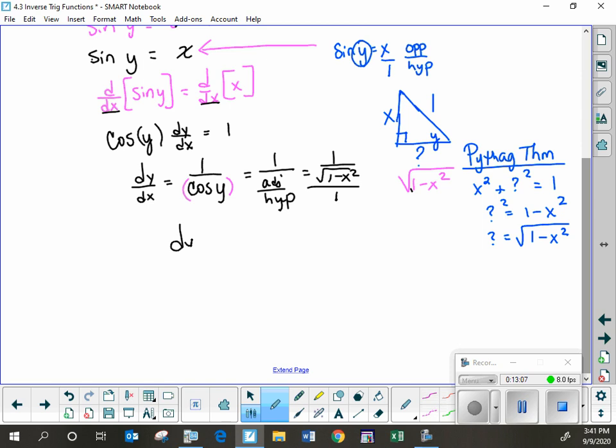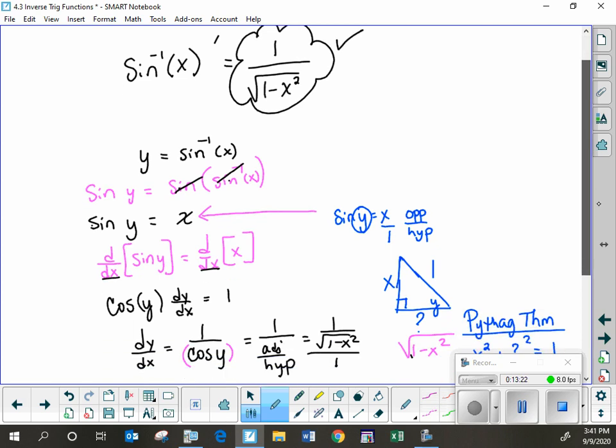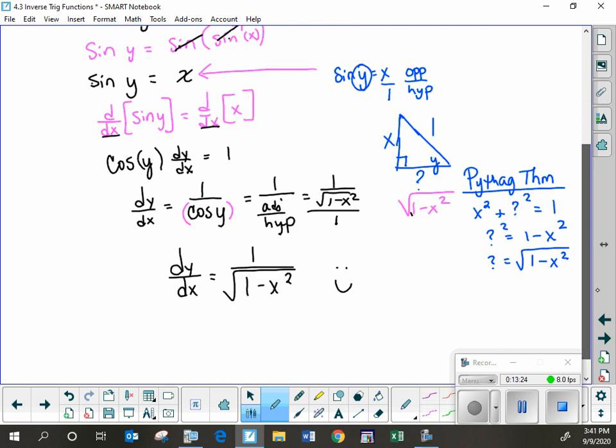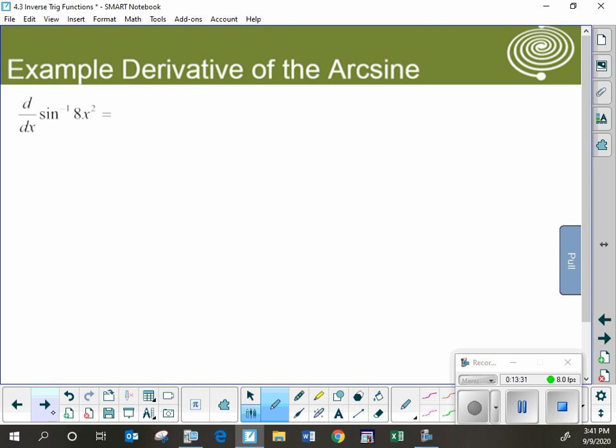Finally, we get that the derivative of sine inverse is 1 over the square root of 1 minus x squared. Woohoo! That's what we were trying to prove, right? This has always been given to us, and we were able to do all of the proof to come out with that answer. So things are not just made up, they are all derived, and we very seldom take the time to do that. So that was kind of fun. At least I thought it was fun. The derivative of a sine inverse.